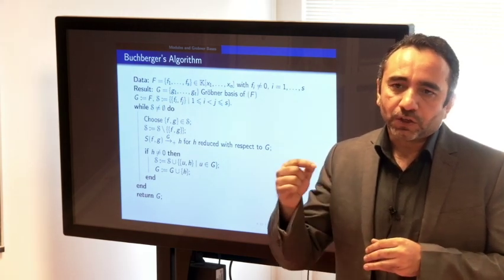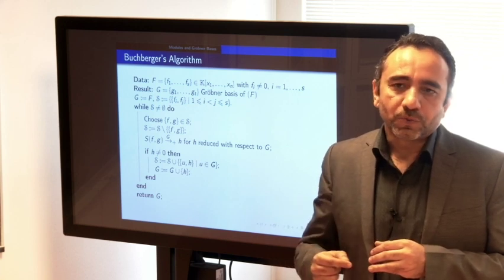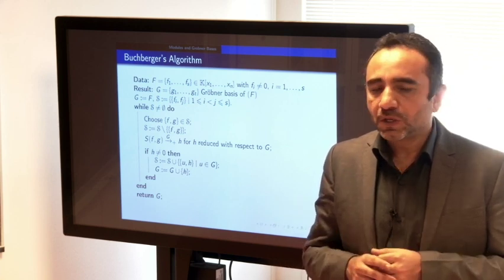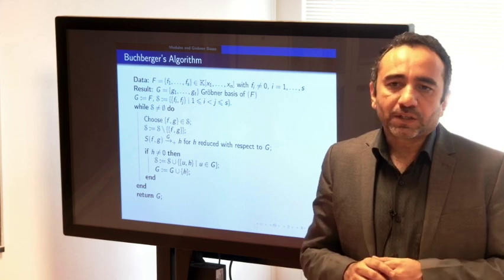This process will continue until you get all remainders to be 0. Once all remainders of those S polynomial pairs are 0, then you'll get the Gröbner basis.